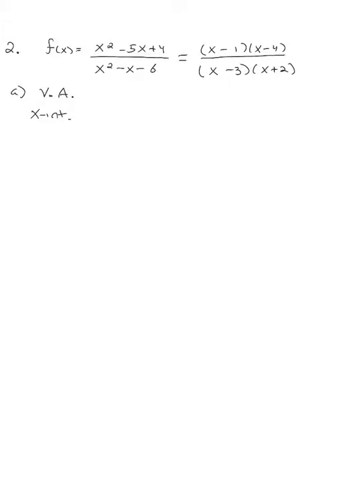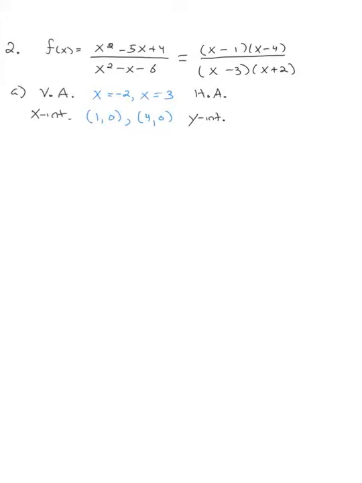So for the vertical asymptotes, the denominator is 0 if x is equal to negative 2, as well as if x is equal to 3. The x-intercepts are where the numerator is 0, and that is 1 for x, but also 4 for x as well. So I would now like to figure out, well, what is the horizontal asymptote as well as the y-intercept?